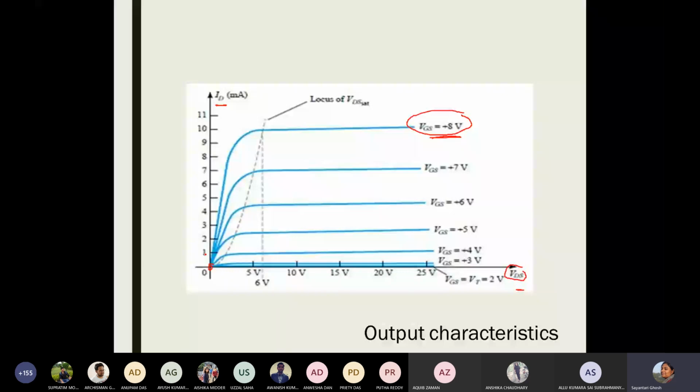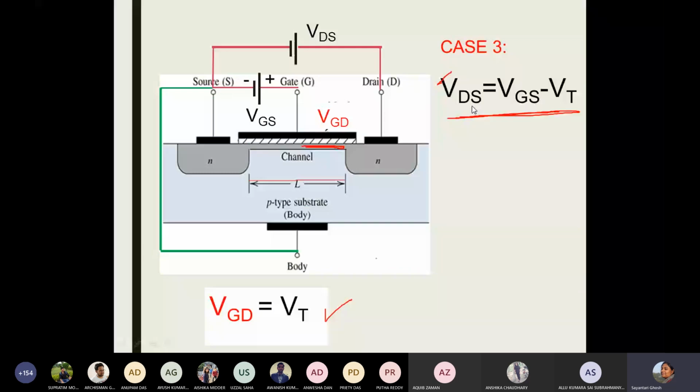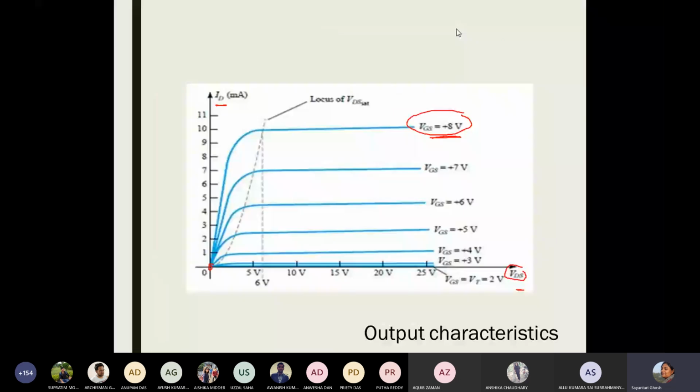But at a certain value of VDS, which is given by this relation, VDS equal to VGS minus VT, at that value the channel got completely closed near the drain terminal, and there is again a knee-like structure, and the channel pinches off and the current saturates. So this voltage of drain to source voltage VDS is called VDS saturation.